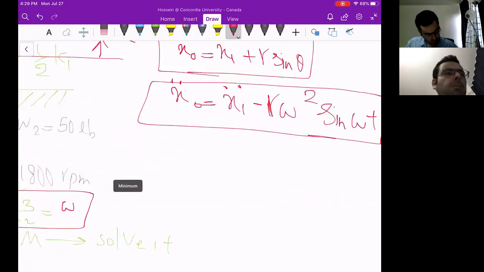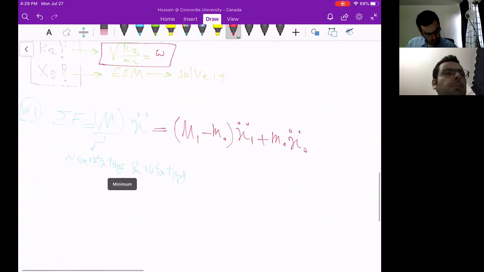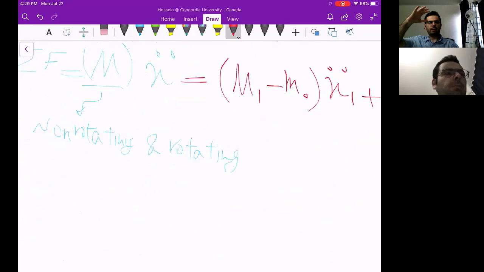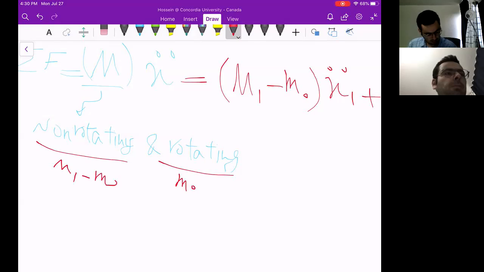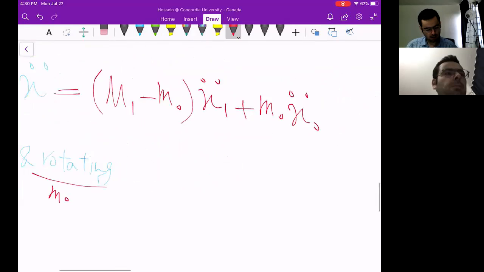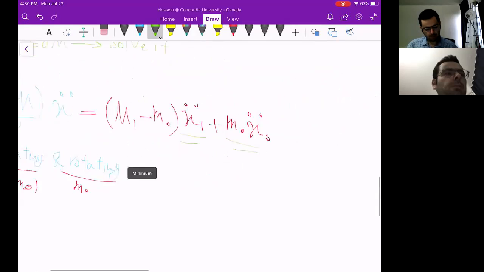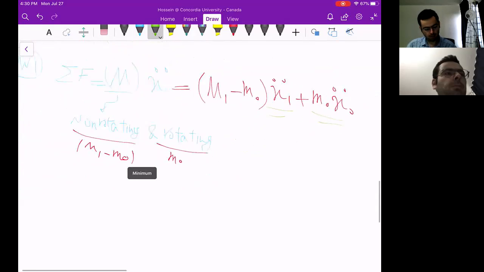So for the mass 1 in the upper system, there is the non-rotating mass M1 minus m naught and the rotating mass m naught. The acceleration applied to the non-rotating mass is x double dot 1, and the acceleration applied to the unbalanced rotating mass is x double dot naught.